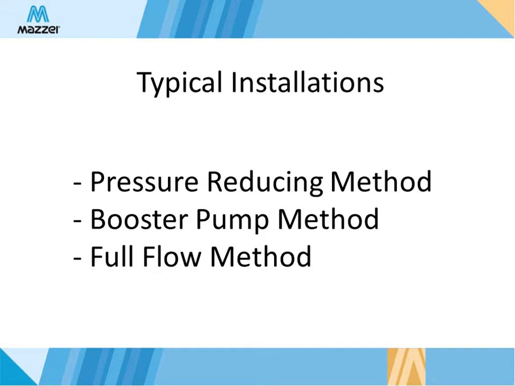Or you're not reducing your pressure, but you have a booster pump that is feeding the injector, not the suction port of the injector, but the injector motive inlet side. Or you have a full flow method, which means that the entirety of the water flow is going through the body of the injector. So the flow of your whole system is the whole motive flow of the injector.